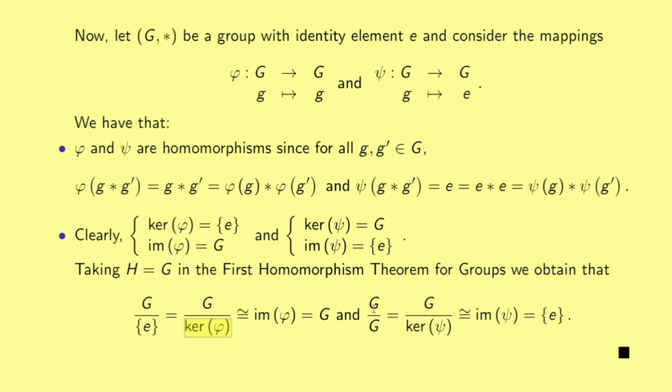And again, the quotient group G by G is the same as the quotient group G by the kernel of psi. And by the first homomorphism theorem, this is isomorphic to the image of psi, which we know is this set {E}. And we are done.